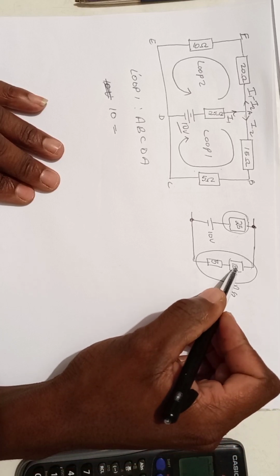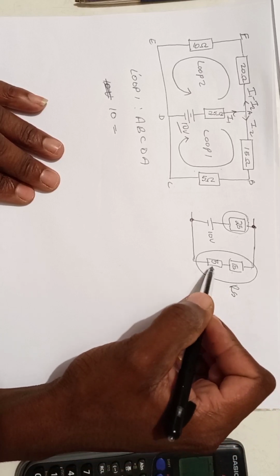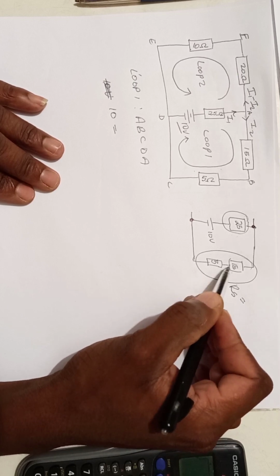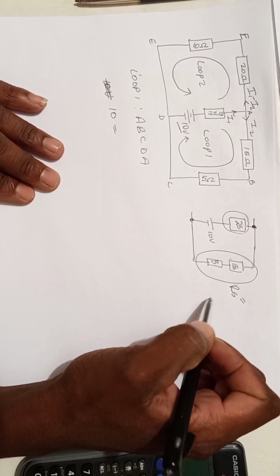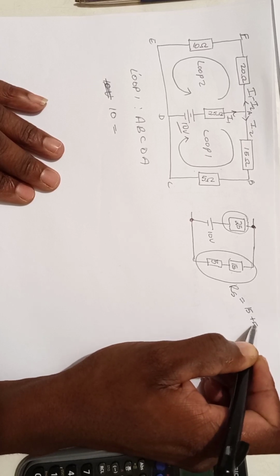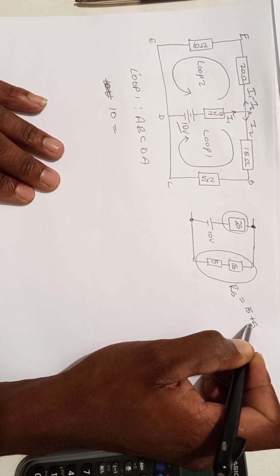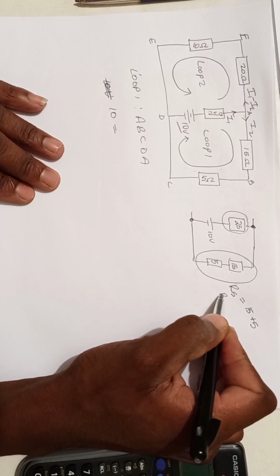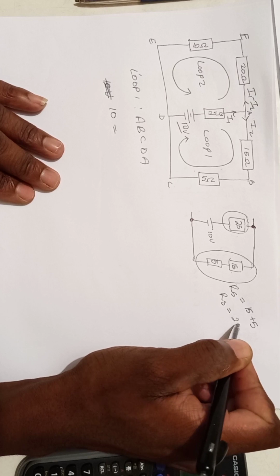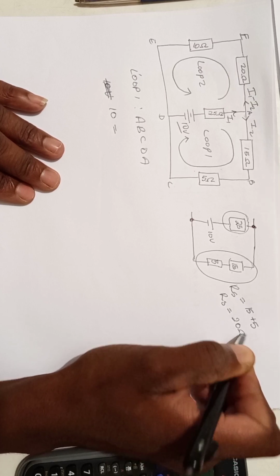What we know about series resistors is that if we want the total of these series resistors, we just add 15 and 5. So R series is equal to 20 ohms.